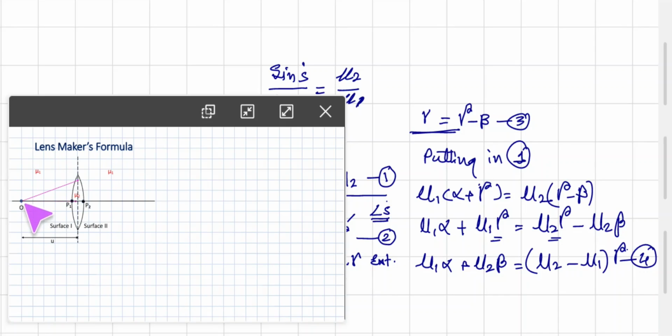Now see here, one ray is incident obliquely, making an angle alpha, and another ray is traveling along the optical axis. When it reaches the first surface, refraction takes place. Now let us consider that the second surface is absent. What happens?